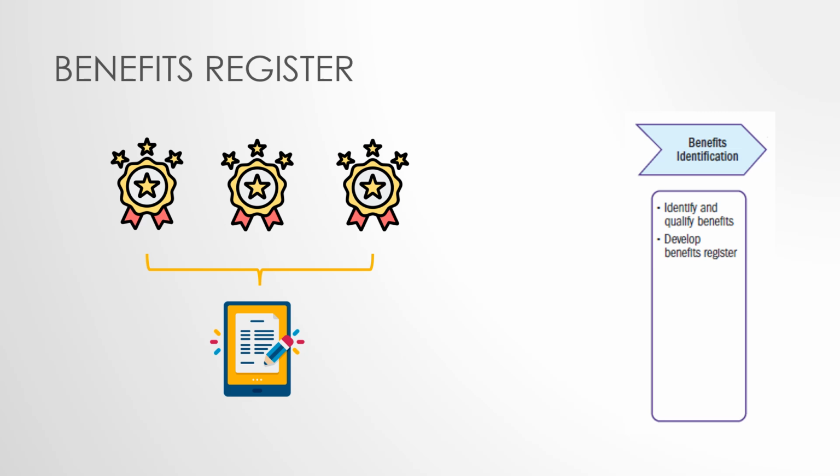The register is usually reviewed with key stakeholders to develop the appropriate performance measures for each of the planned benefits. Key performance indicators are identified in this stage. However, their associated quantitative and qualitative measures are defined when the program benefits register is updated.